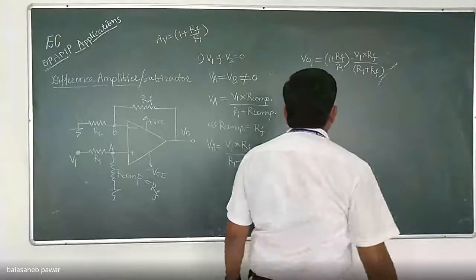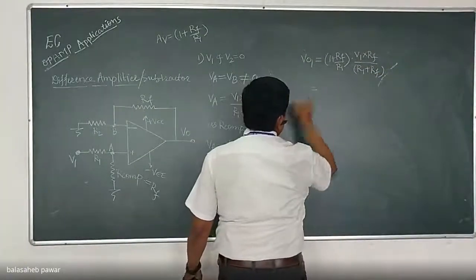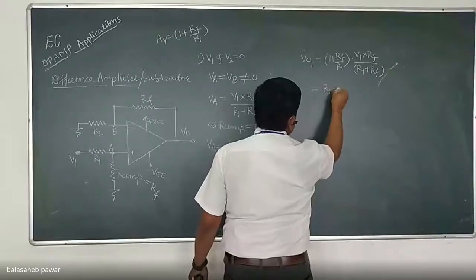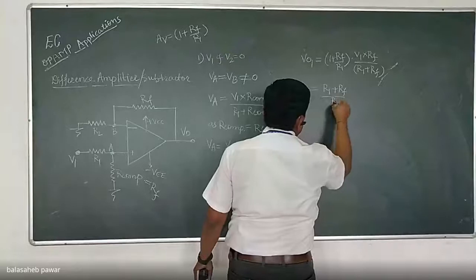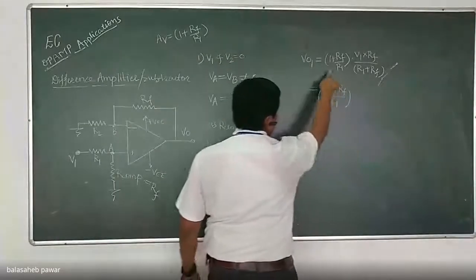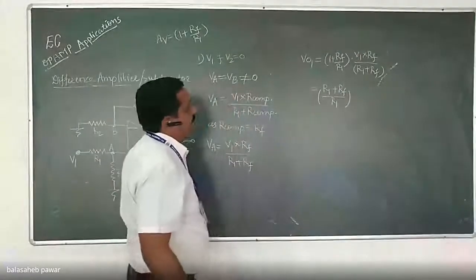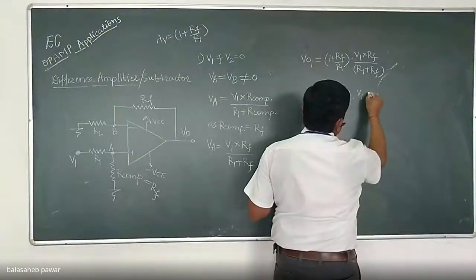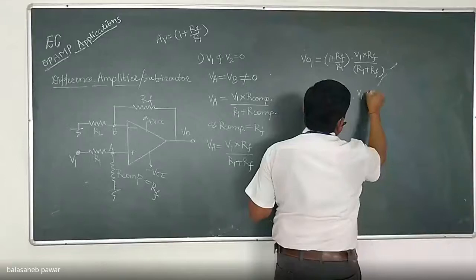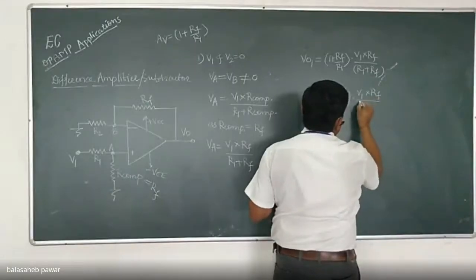I can write the first term as R1 plus RF divided by R1, in a bracket, times V1 into RF divided by R1 plus RF.